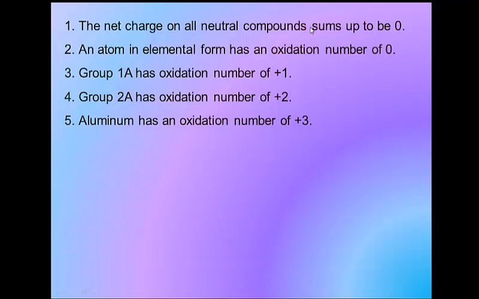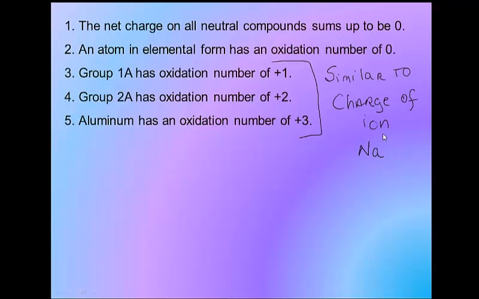And aluminum in group 3A has a +3 charge. So those three are very similar to the ion charge. Notice again that the oxidation states are the sign and then the number, and of course you should already know that the charge is the number and the sign. Okay, so just a little variance there, not a big thing.